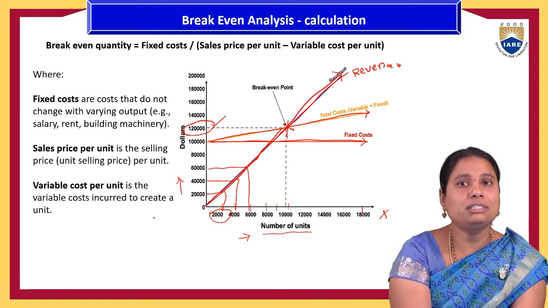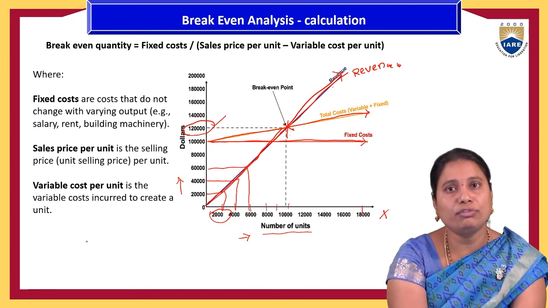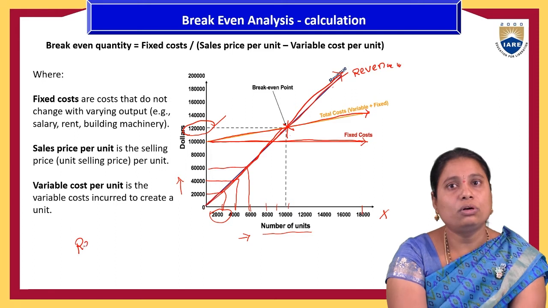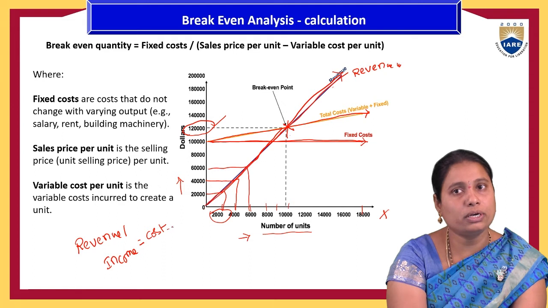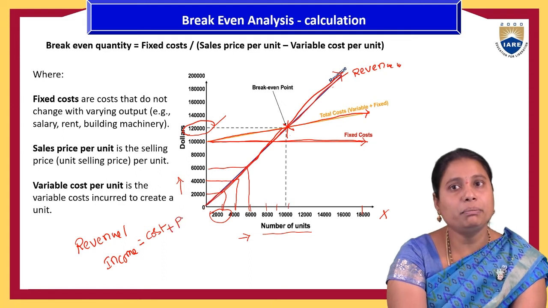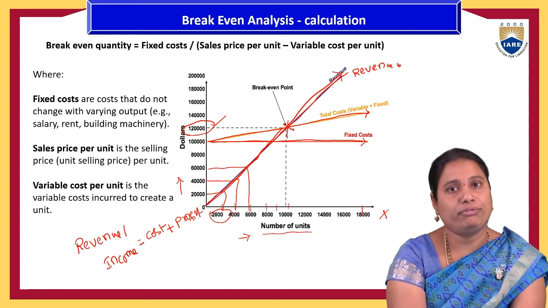So if we have understood that difference, then it is very easy to understand break-even analysis, because revenue is nothing but the income generated by selling a product, and cost is the expenditure on that product, and the remaining benefit gained by the organization is called the profit.